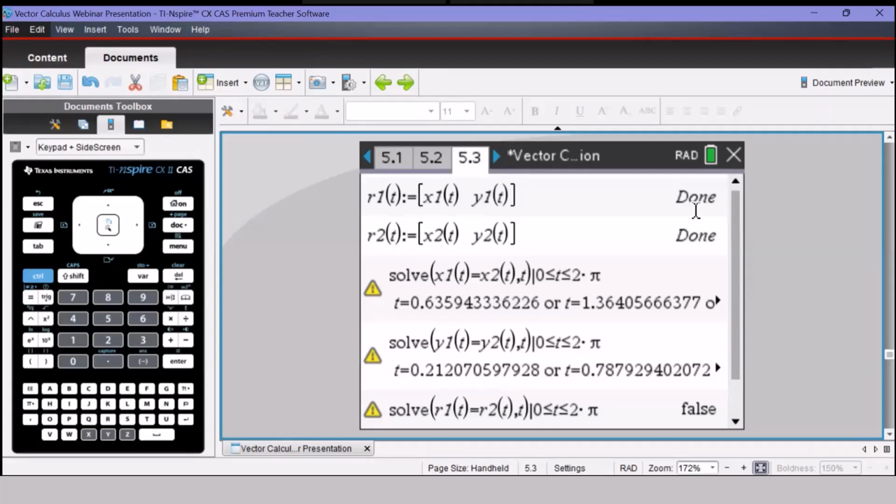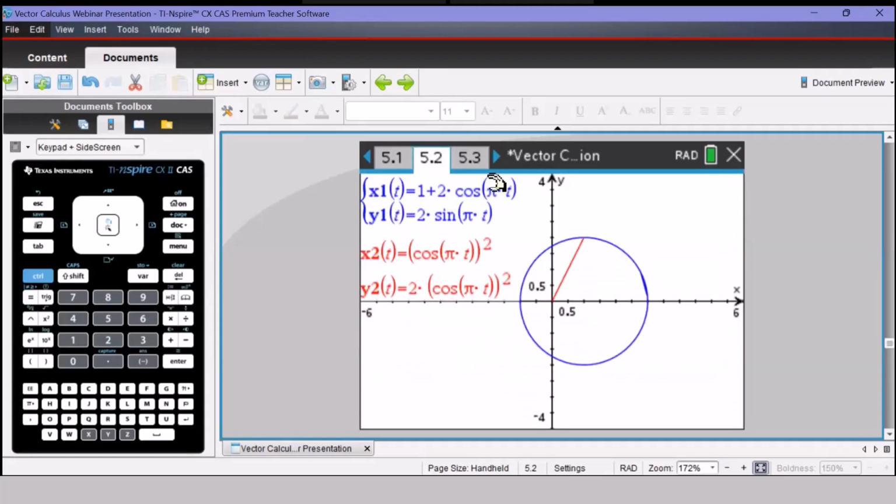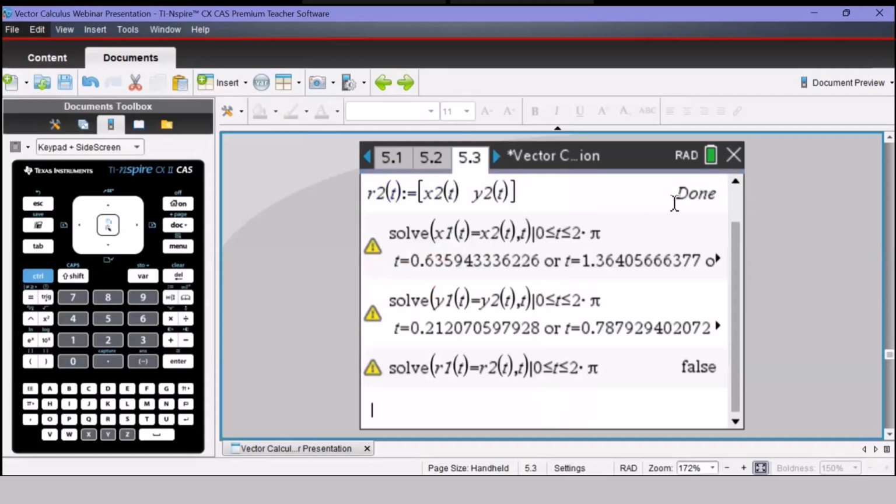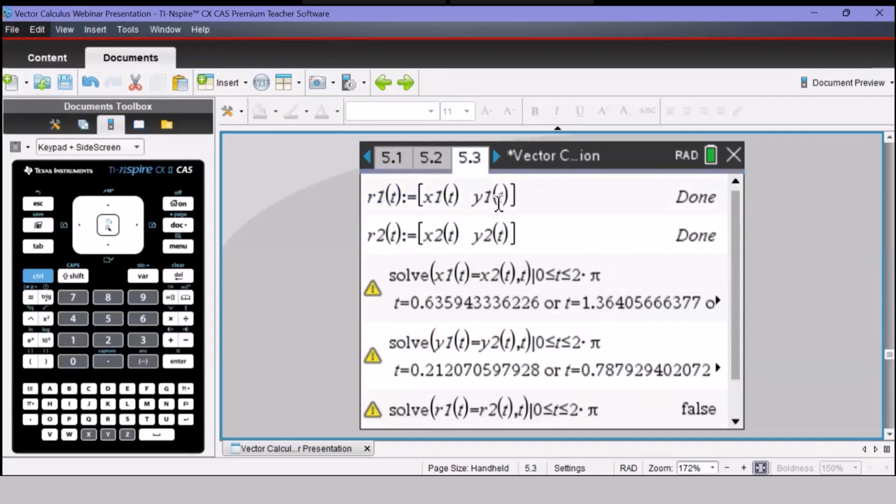Because x1 of t and y1 of t are the same as in the first problem, on page 5.3 they've already been defined on page 5.2 in the graphs application. Correspondingly, r2 of t is x2 of t i plus y2 of t j. So I've assigned those two.